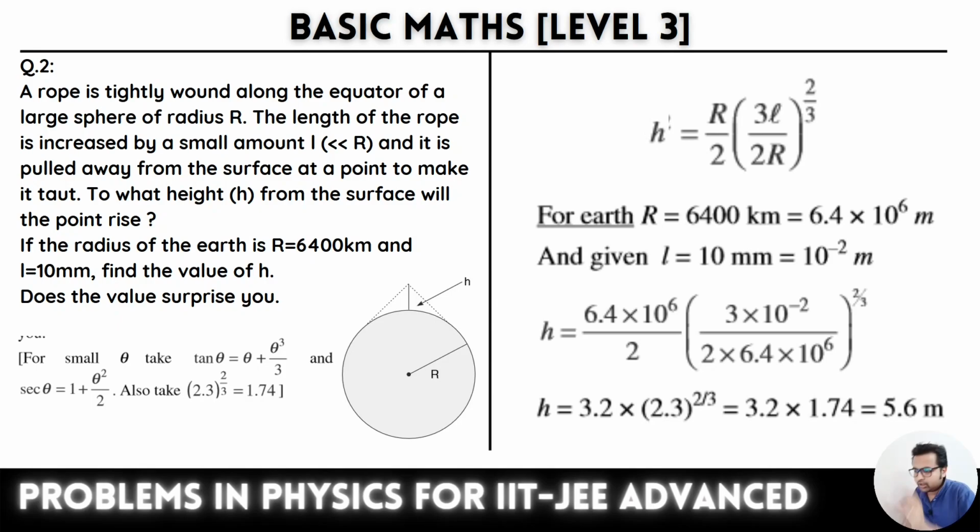This is a very interesting observation. So I request you to please dig deep into it and try to feel it. How is it possible that with just 10 millimeter of increase in length, we are able to pluck it out to 5.6 meter? I hope it is clear.